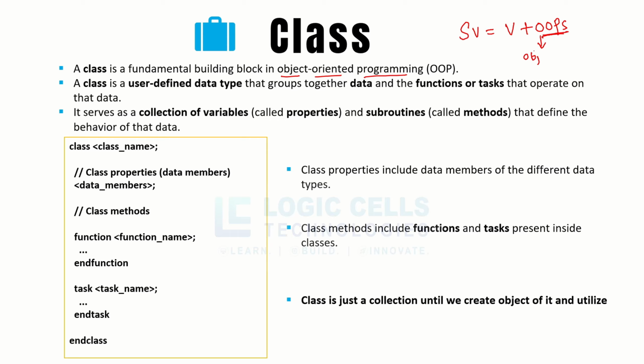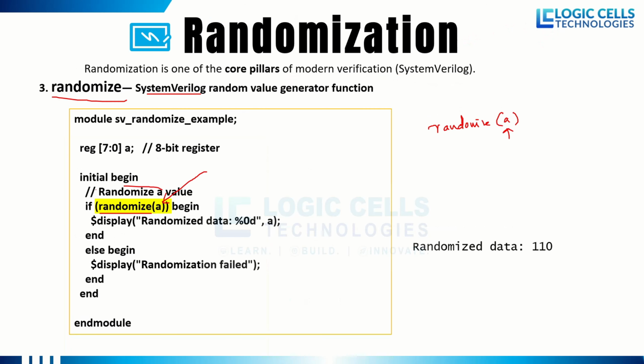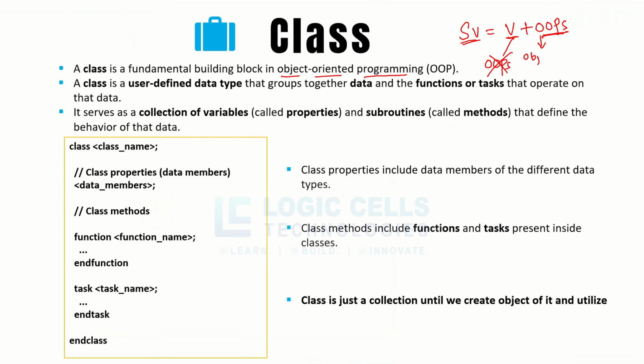Verilog doesn't have any OOPS features. SystemVerilog supports OOPS. Through Verilog only, you can do whatever I have explained so far. You can randomize things by using $random, $urandom. But SystemVerilog supports this randomize function and it supports a class-based testbench.